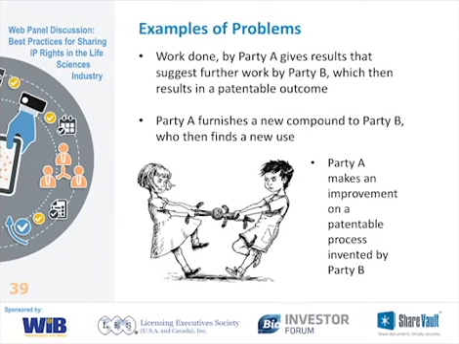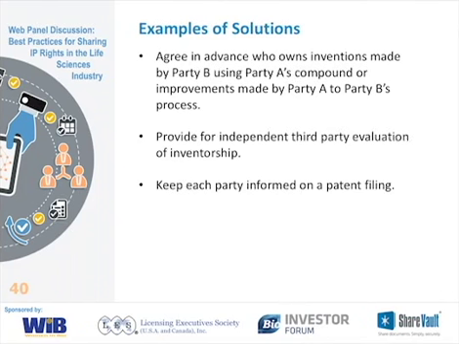One thing that has happened to me a good deal is that there are disputes about what the inventorship actually is, and a third party could be agreed upon in advance that these disputes are going to be decided by an independent third party.